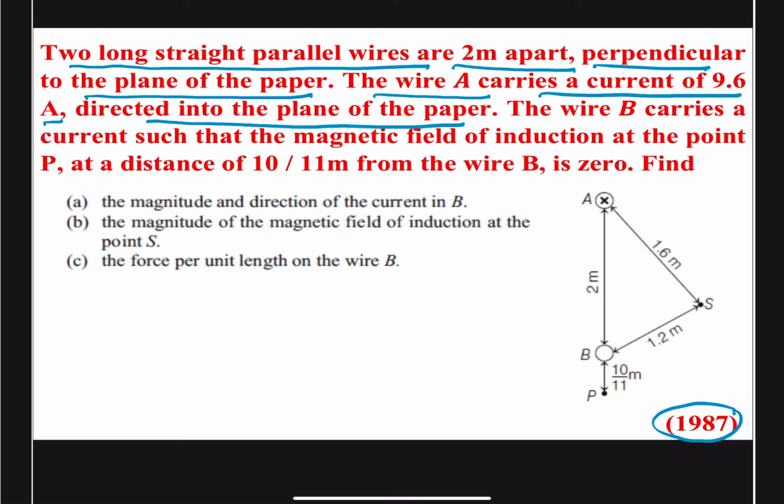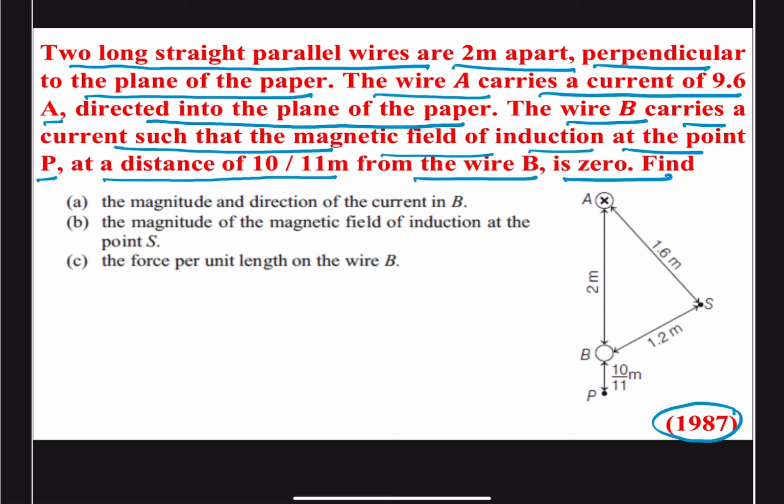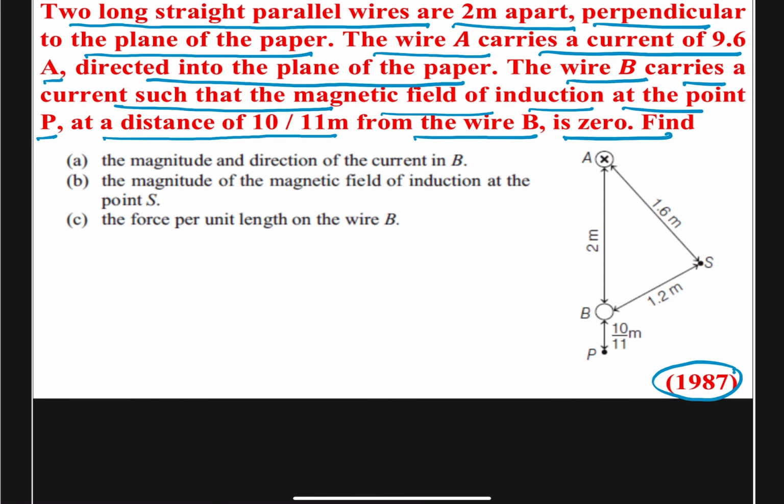The wire B carries a current such that magnetic field of induction at the point P at a distance 10 upon 11 meter from the wire B is 0. Find: we have 3 questions based on this entire description. In the first one, the magnitude and direction of the current in wire B, then the magnitude of the magnetic field of induction at point S, and finally the force per unit length on the wire B.